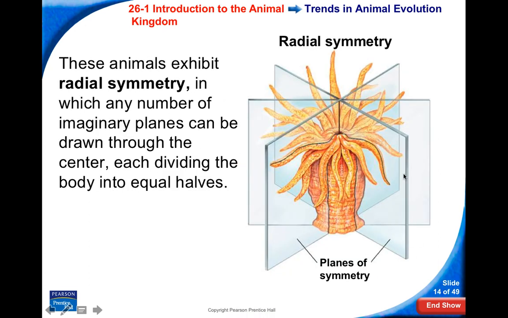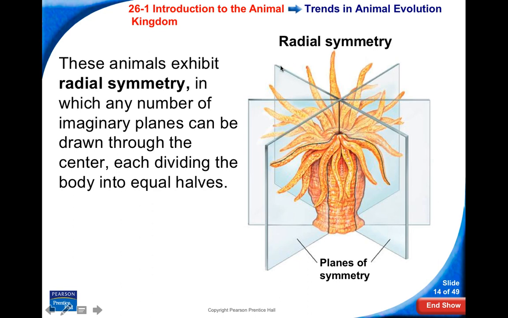Okay, so you can see if we were to take an imaginary line and divide the body into two halves, radial symmetry means that we could draw an imaginary line in any direction through the center, and it could basically come up with two halves that are about the same as one another.